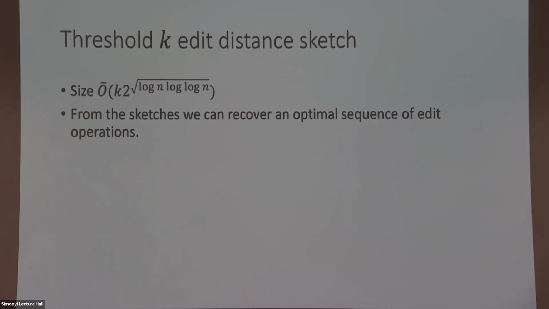Not only can we recover the edit distance, we can recover the optimal sequence of operations, which turns out to be a necessity, because we have to repeat this multiple times and retain the edit operations which prevail very often. But that's a small technique.